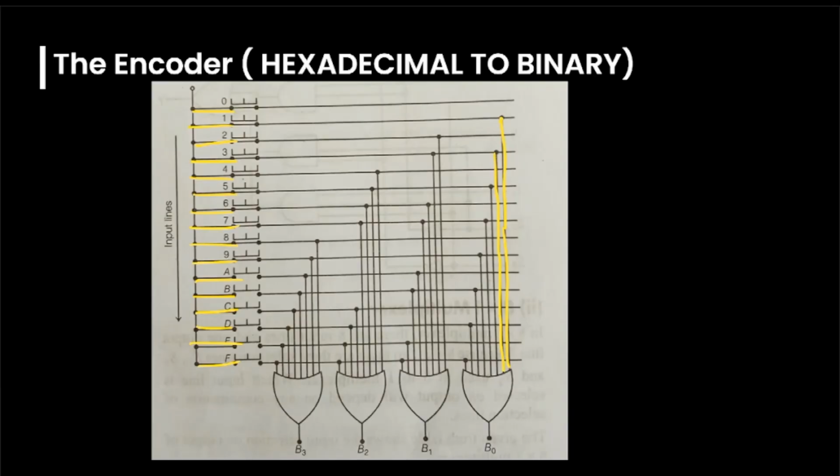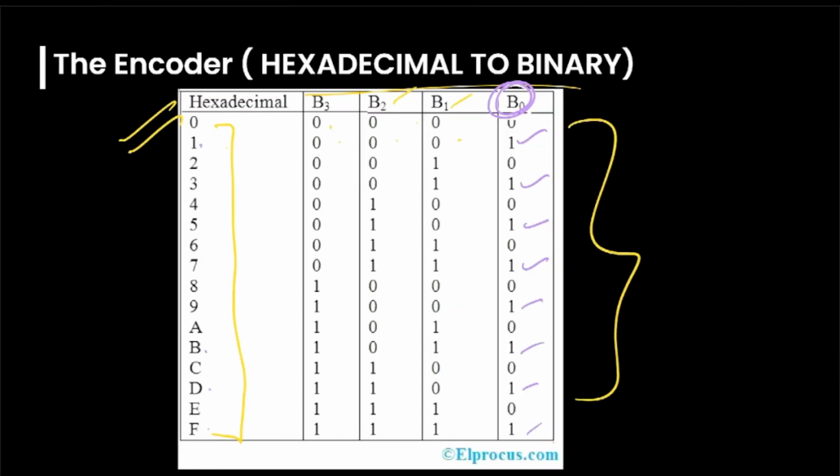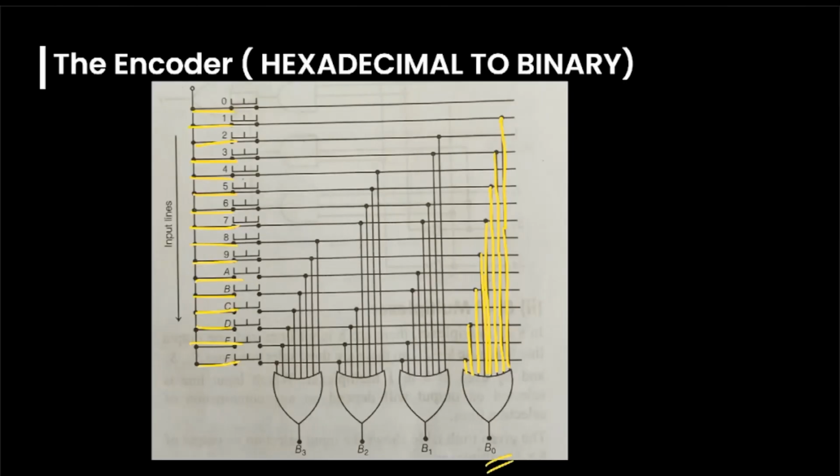I drop a line from 5. And then 7, 9. Then B, D, and F, right? That's for B0. Then you can do the same for B1, B2, B3, whatever you've done in the decimal to binary encoder. Same thing, you're going to follow the same pattern, the same logic for the rest of them as well.